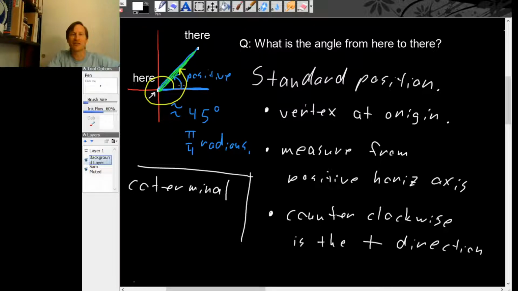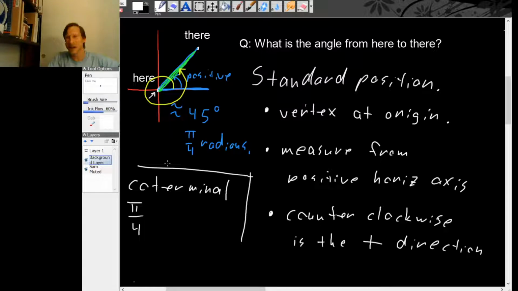So this blue angle and the yellow angle actually are coterminal. Let's figure out what this coterminal yellow angle is. So we said that the blue one was about 45 degrees, or pi over 4 radians. How could we produce the yellow angle from this initial pi over 4 radians? Well, if you compare the blue to the yellow, we get the yellow angle by first doing the blue angle and then going around a complete rotation.